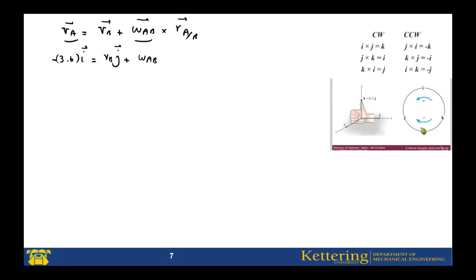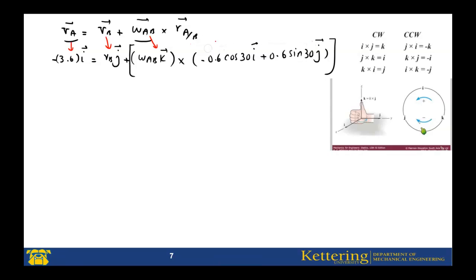Omega AB is omega AB k. RAB is minus 0.6 cosine 30 i plus 0.6 sine 30 j. This is for this, this is for this, this is for this, and this is for this.